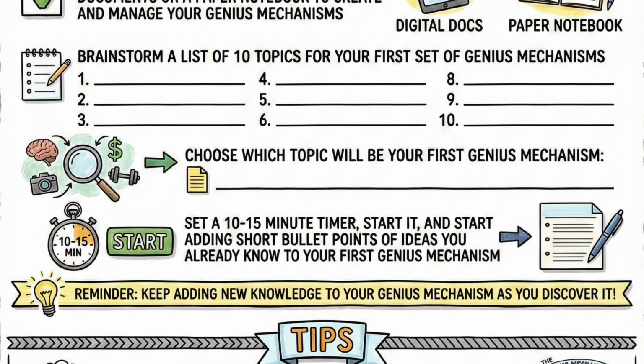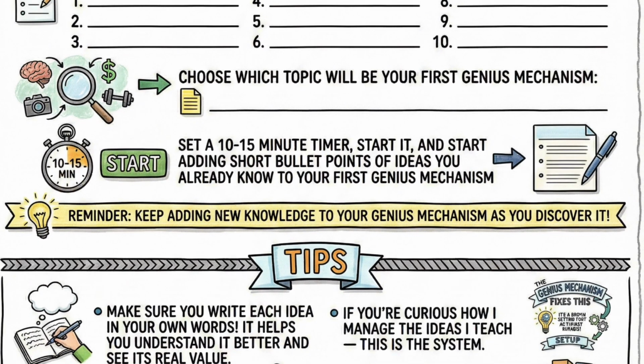The next part is to really focus this down so you can start putting it into action right away. Choose one topic that will be your first genius mechanism. Let's say, for example, that is productivity. So you decided that that's where you're going to start. Then the next part in the process is to get a timer, put 10 to 15 minutes on it, and then as that timer is counting down, open up your productivity genius mechanism and start adding as many ideas to that document that you already know about productivity.